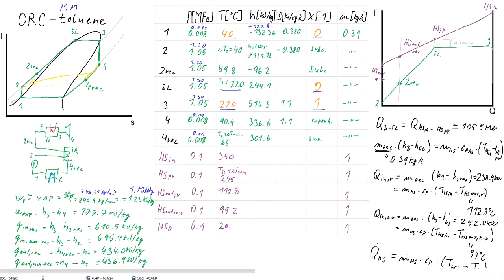So if we add the enthalpy before the pump and the work of the pump, we will get a value of minus 120.0 kilojoules per kilogram.